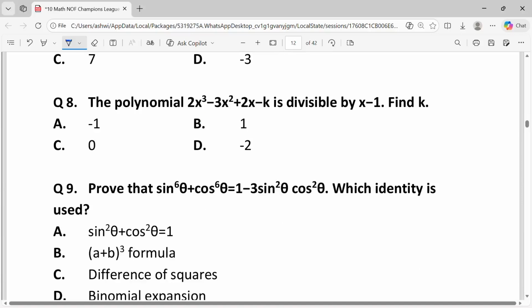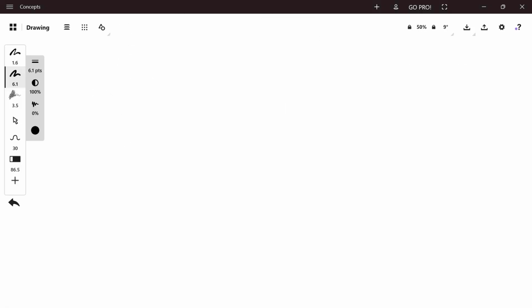Question 8. The polynomial 2x³ minus 3x² plus 2x minus k is divisible by x minus 1. Find k. According to the remainder theorem, if a polynomial p(x) is divisible by x minus c, then p(c) is equal to 0.